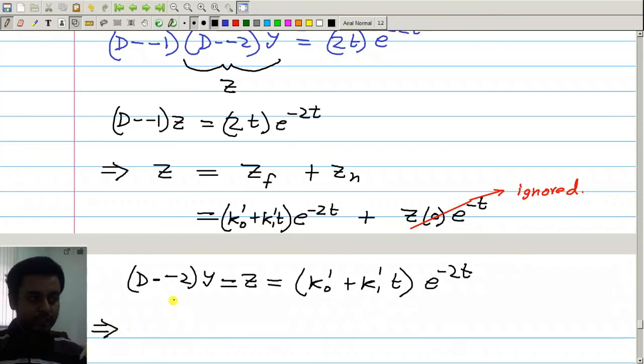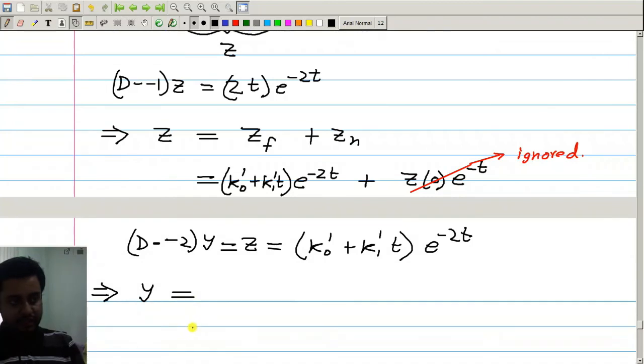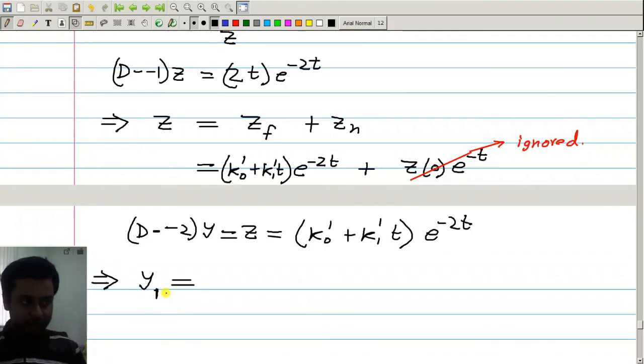From this you can get y or y1, any one solution we want, so we will not bother about the initial conditions.